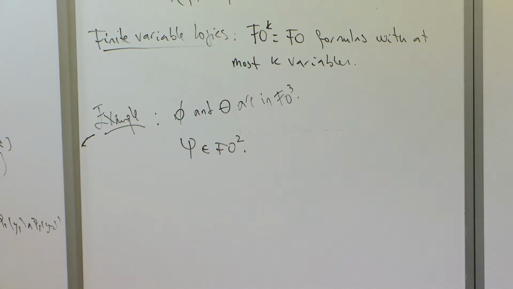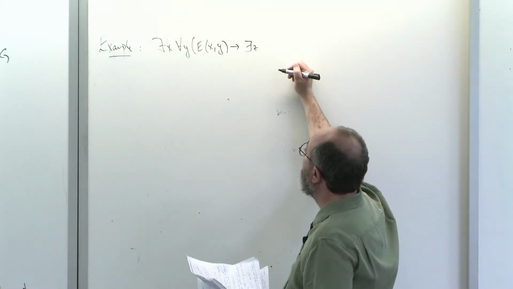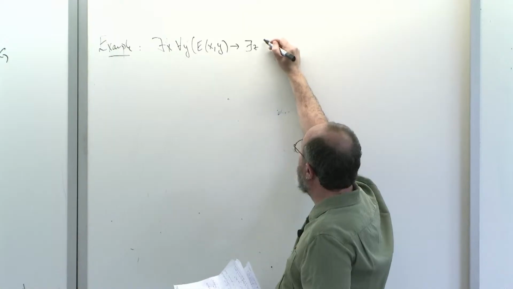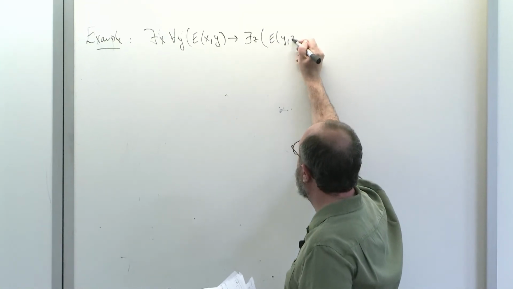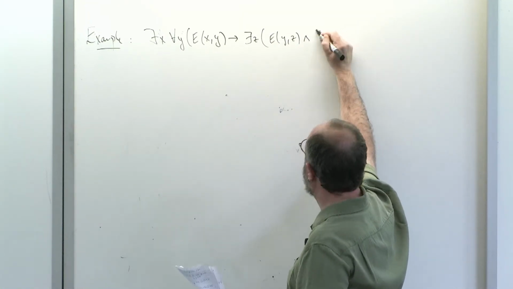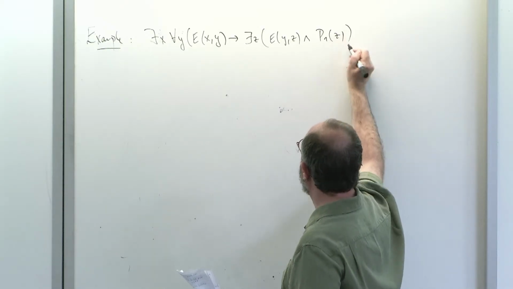So look at this formula. I have the following formula. Exists x such that for all y, e of xy implies there exists a z such that E of y z and P1 of z.